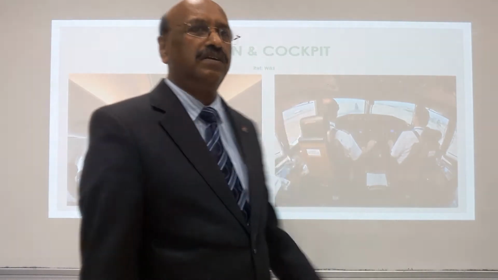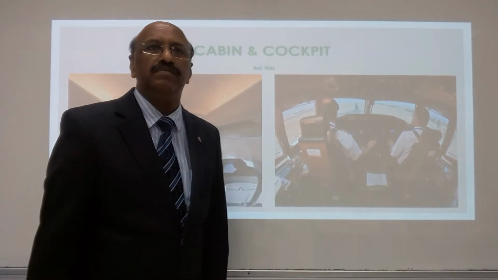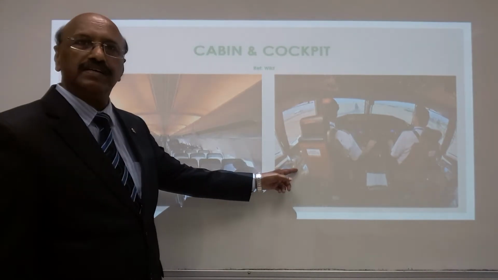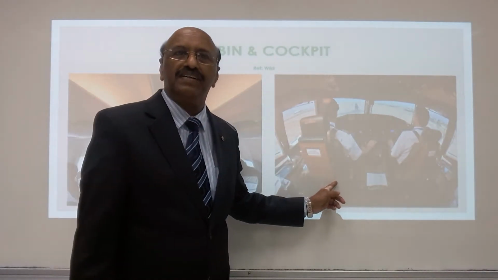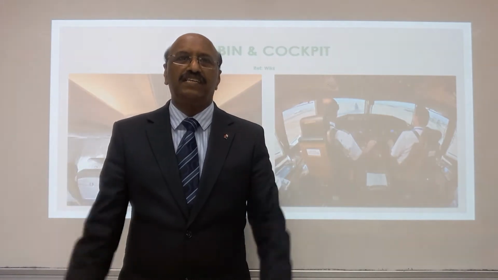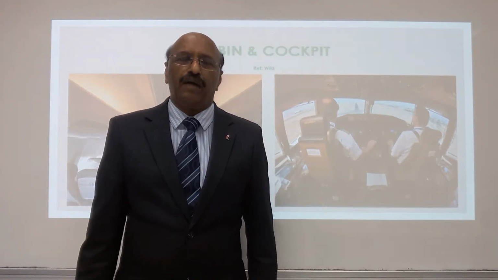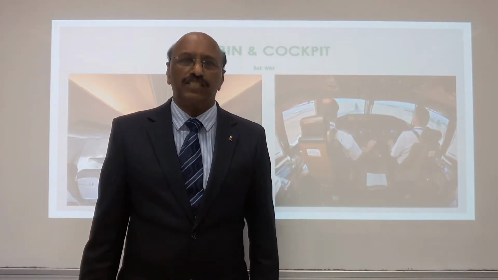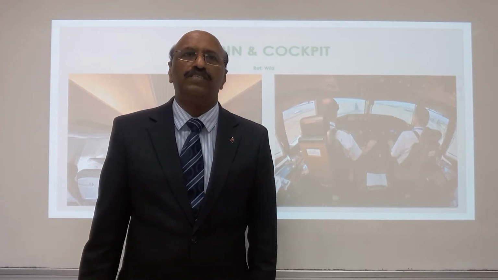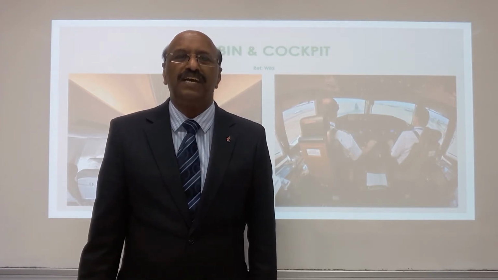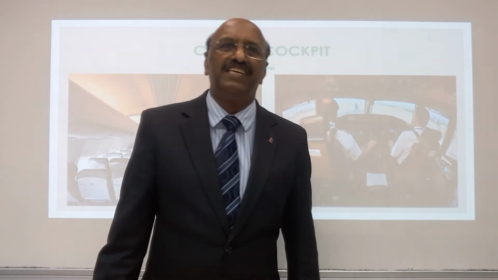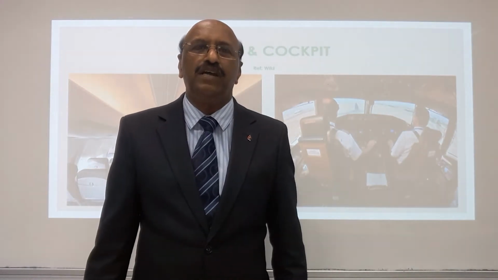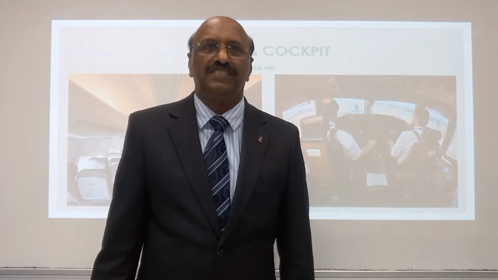One is the cockpit and the other is the cabin. The cockpit is a place that is designated for the captain and his first mate, or you call him the first officer. And the cabin is a place that is designed and designated for the passengers.